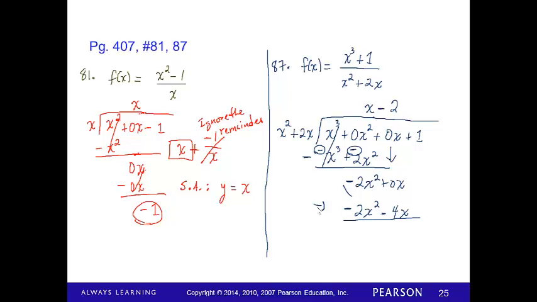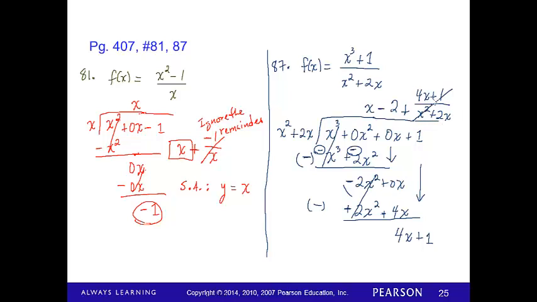And we're going to subtract, which means we change our signs, so this is a plus, and this becomes a plus. Those cancel. Now I have 4x, and we drop down the plus 1. So this piece right here, this 4x plus 1, is now our remainder, because 4x cannot be divided by x squared evenly. So we have a remainder of 4x plus 1 all over x squared plus 2x.